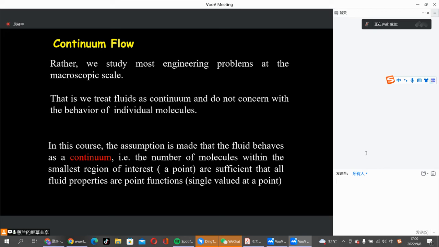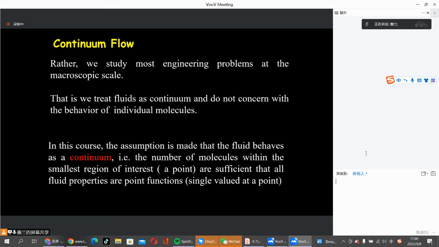We study a collection of molecules, or we study a fluid element, or maybe we call it a fluid particle. If we consider the mass, we call it a fluid element. Oh, sorry, if we just ignore its size, we call it a fluid particle.